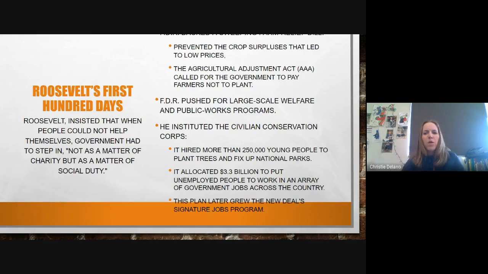So these are make-work projects. Instead of just giving people money, people were working for their money, but also helping along the way. It allocates about $3.3 billion. Think about that in the context of the 1930s in terms of volume of cash, to put unemployed people to work in various government jobs across the country. And this later grows into a much larger jobs program.